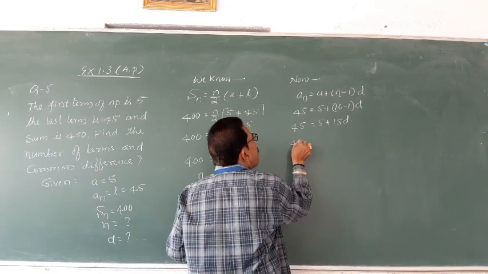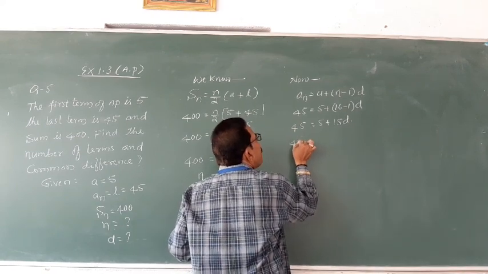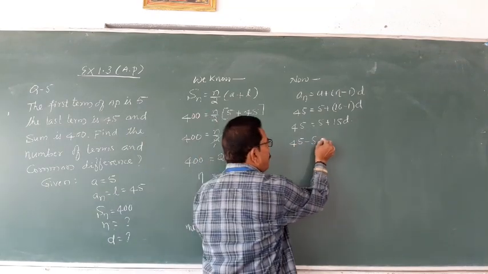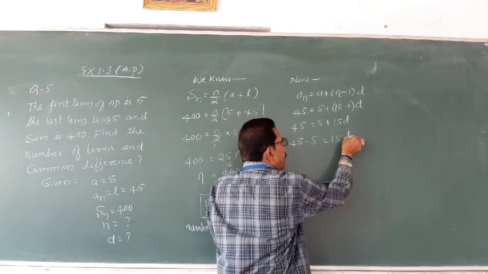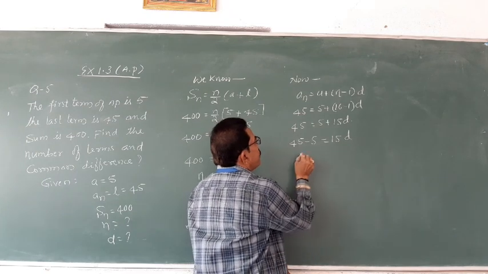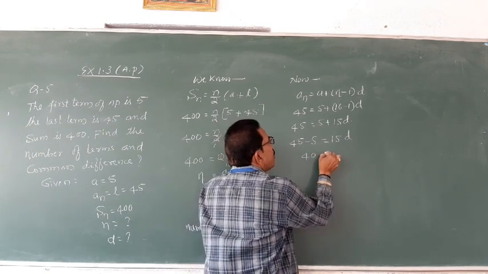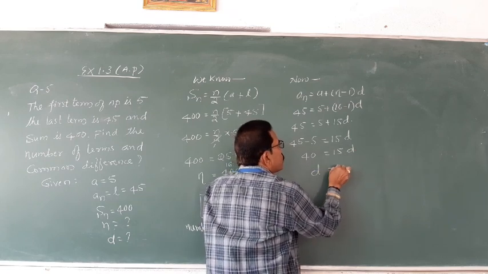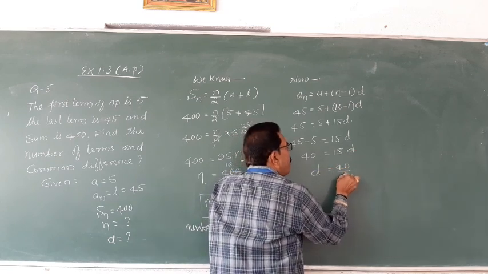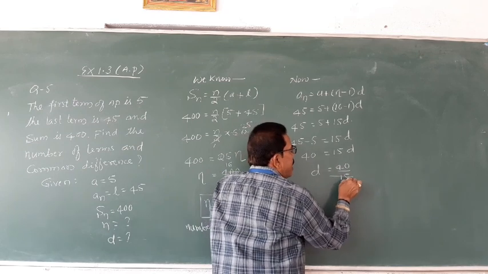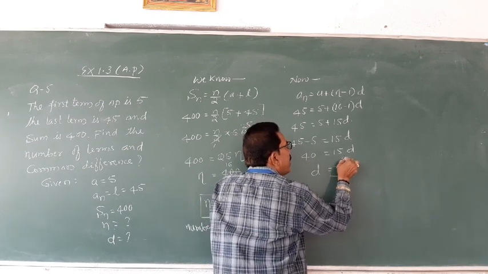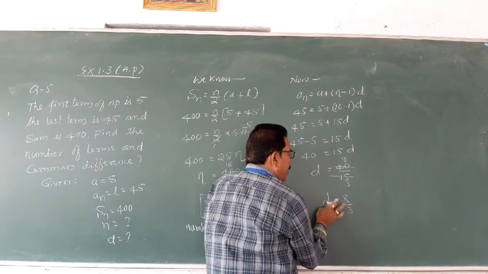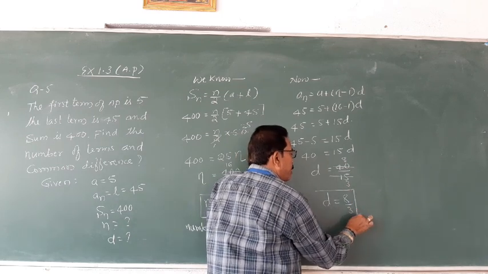Then 45 minus 5, 40, equals 15d. So d equals 40 divided by 15, that is 8 by 3.